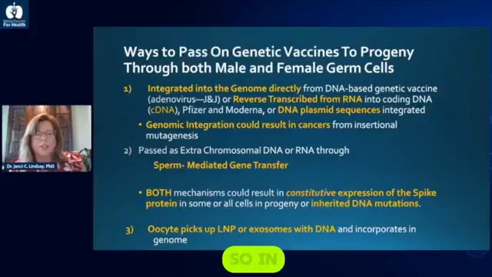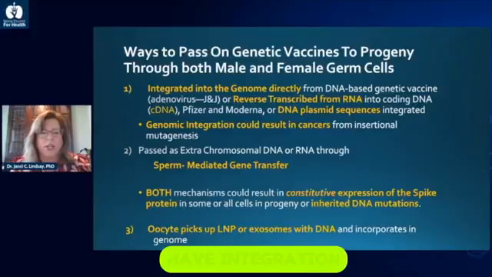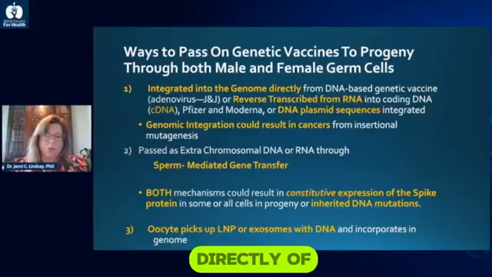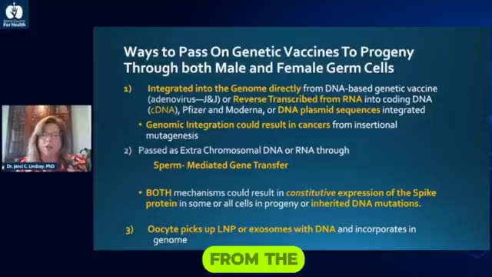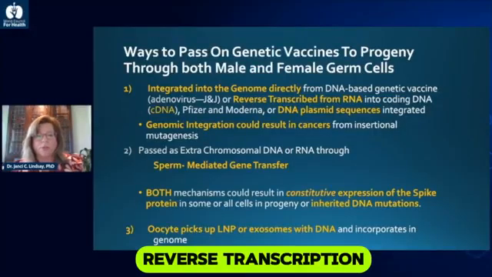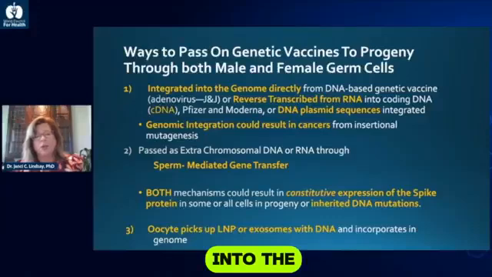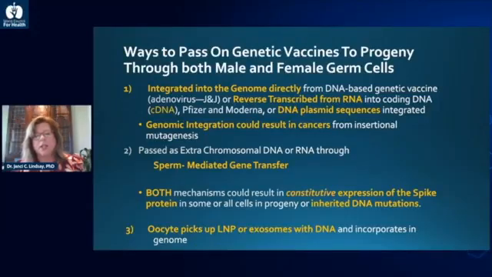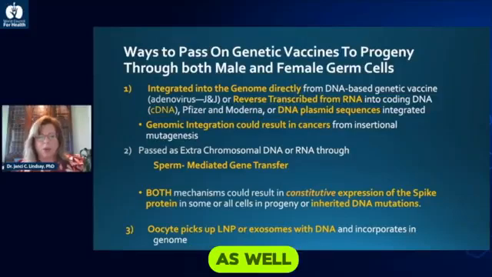So in the first, you can have integration into the genome directly of gametes from the DNA-based vaccines, or through reverse transcription of RNA into the coding DNA. And of course, the DNA plasmid sequences then make that possible as well.